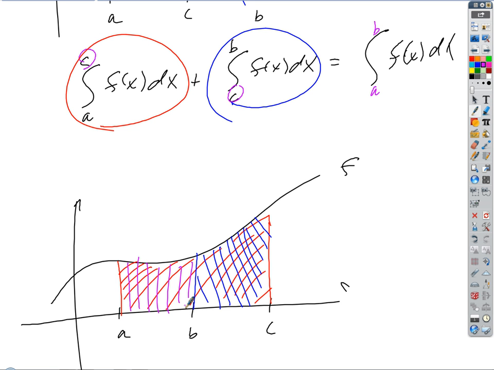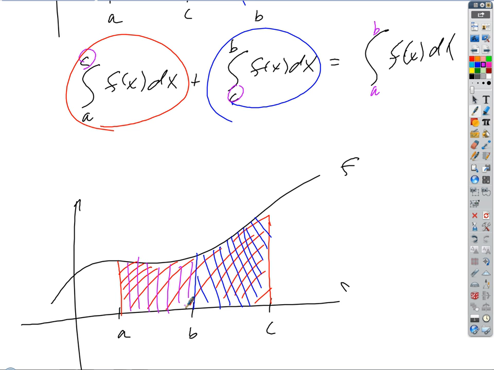Yeah. It is. How come? Because this isn't really just saying the blue area, is it? It's saying the blue area backwards, because we're going from C to B, and C in this case is to the right of B, right?